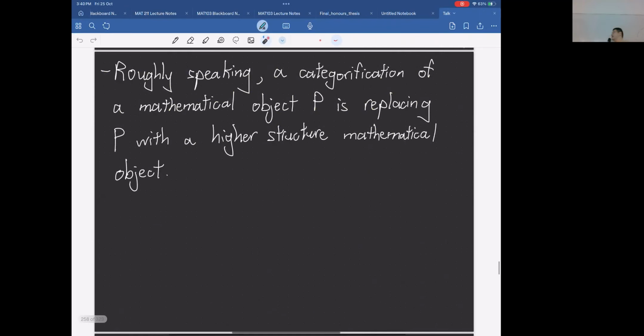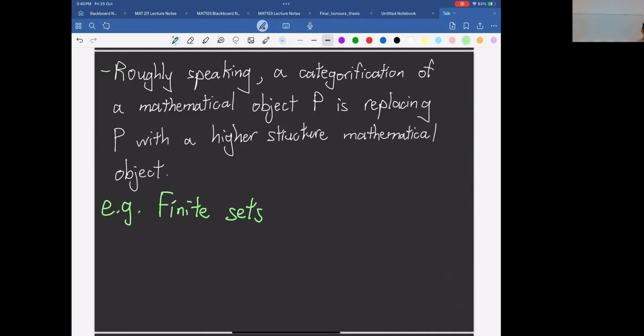Roughly speaking, a categorification of a mathematical object P is replacing P with a higher structure mathematical object. For example, I will say that finite sets categorify the natural numbers. If you take any finite set and consider its cardinality, it will be some natural number.